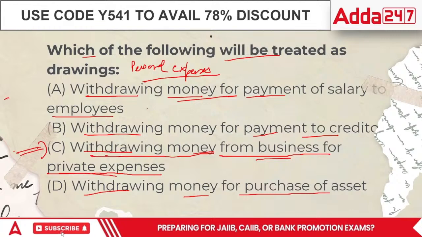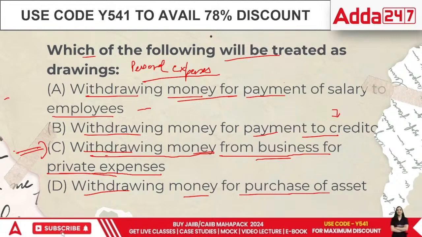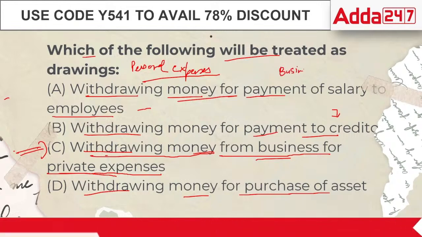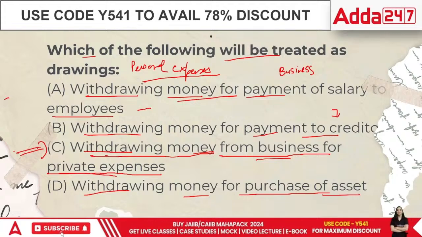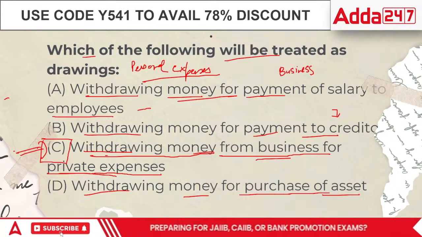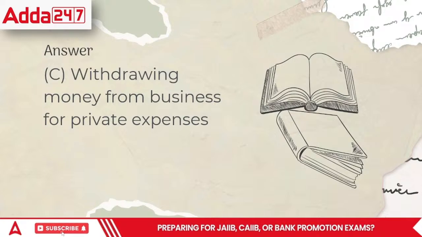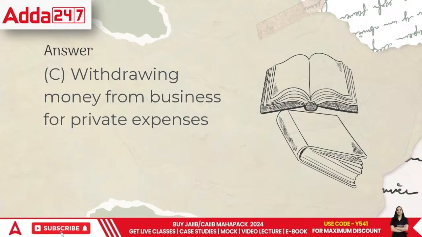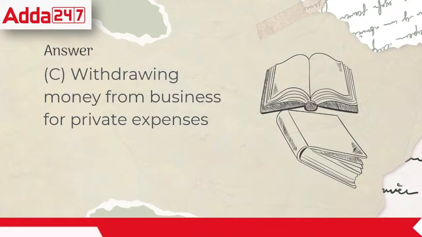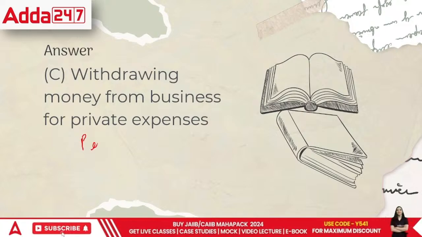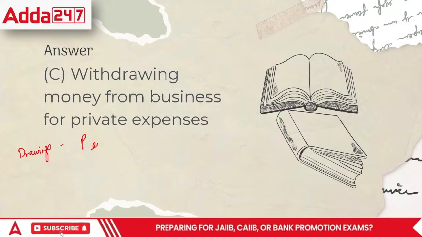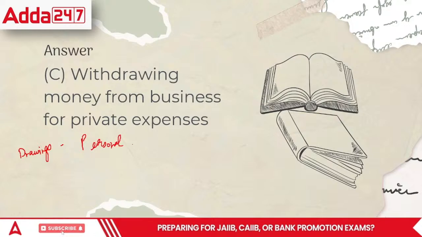The salary to the employees, the creditors, these are all related to the business, right? Even the assets are related to the business. Only one point is not, and that is the expenses you are incurring for your private use. Drawings are related to personal expenses.